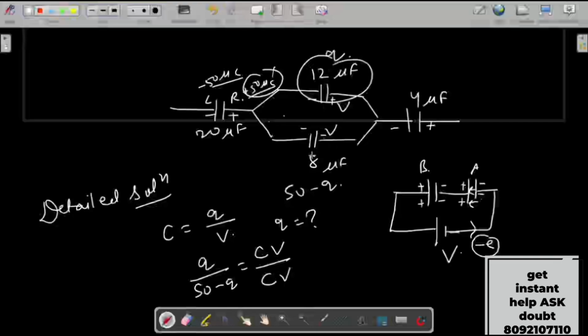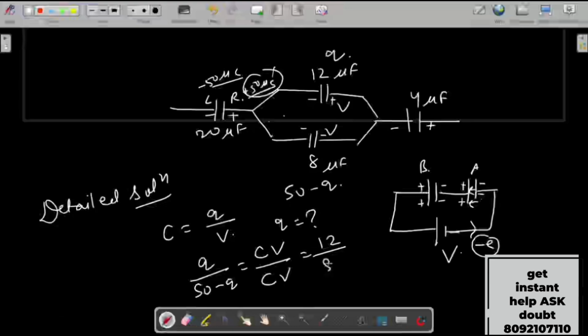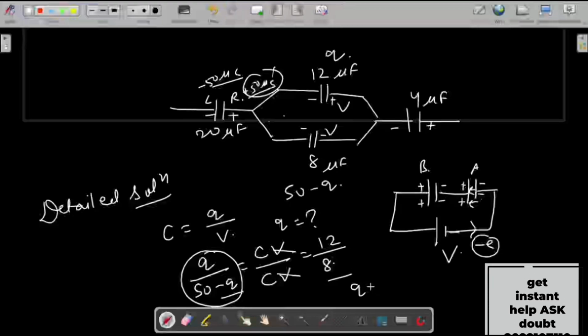The capacitance of this capacitor is 12, so here 12 and here 8, and their potentials are the same, so it will cancel out. So now from here, by equating these two sides, we can find our Q.